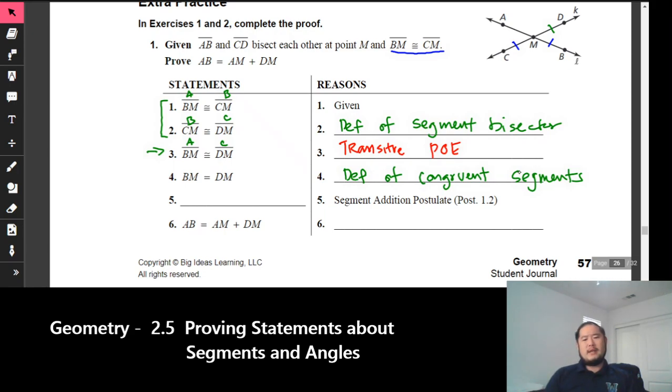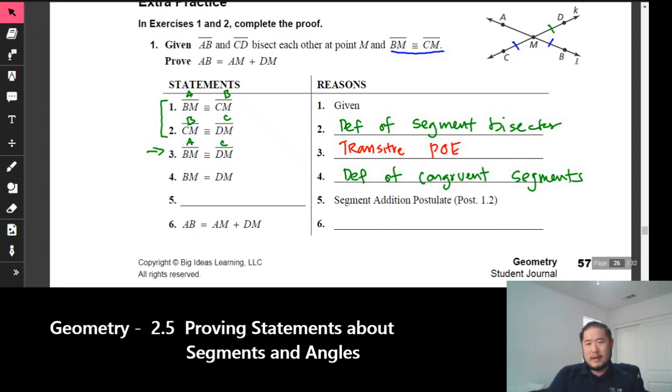In number 5, they say, all right, we have segment addition postulate. Well, let's see what we're exactly trying to prove. We're trying to prove here that AB is congruent to AM plus DM. All right, cool. Is there anything else that we could go ahead and say about AB? If I use segment addition postulate, remember AB is this whole entire thing.